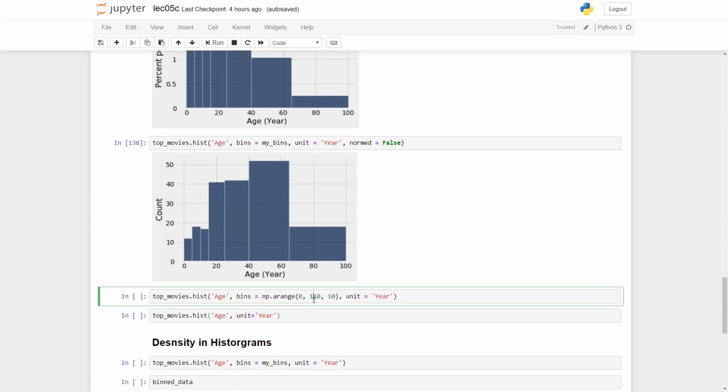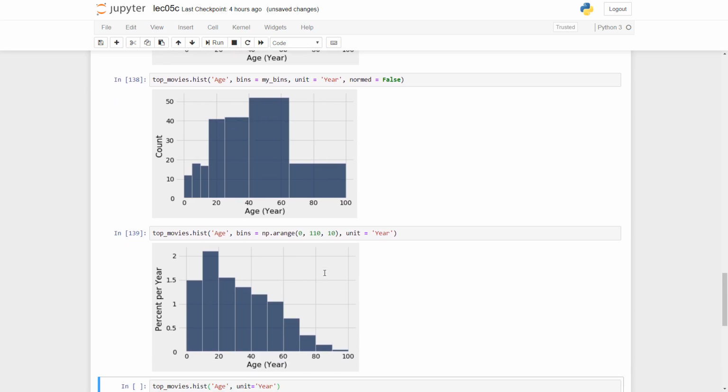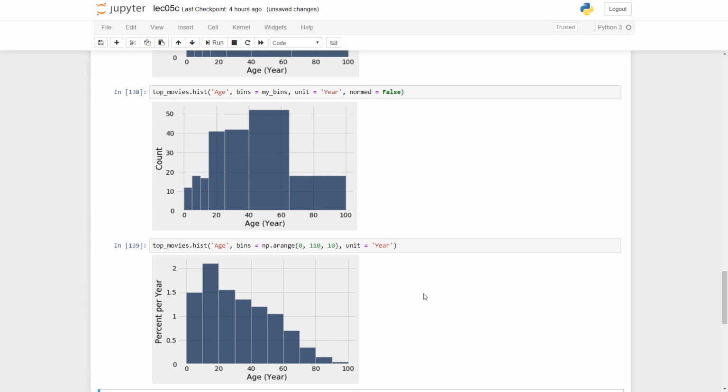Here's an example when we change the bins. So look at this and tell me how many bins we will get. 10, right? 0, 10, 20 until 100, but of course 100 is not a new bin. So we'll have 10 bins here, and we will get something like this. Is that a histogram or not?